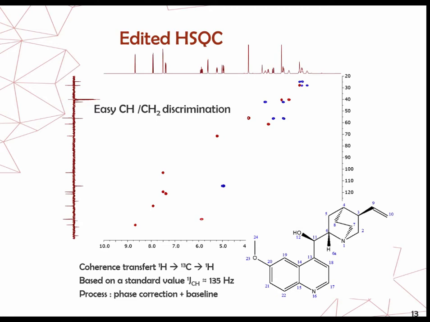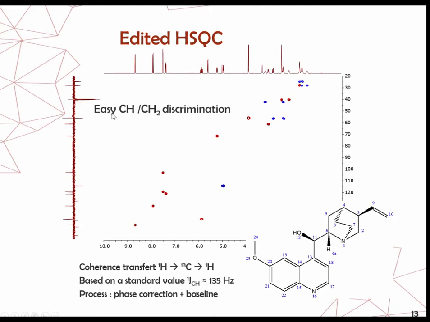Not on all the spectrometers, but on those who could do it, we have sped up the experiment with the non-uniform sampling detection scheme. Anyway, the standard duration was 15 minutes, and we have sped it up to 5 minutes. So this is a very quick experiment.